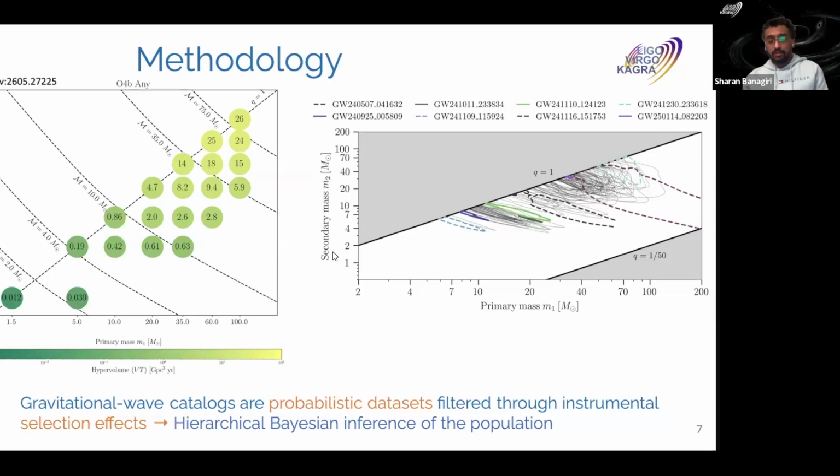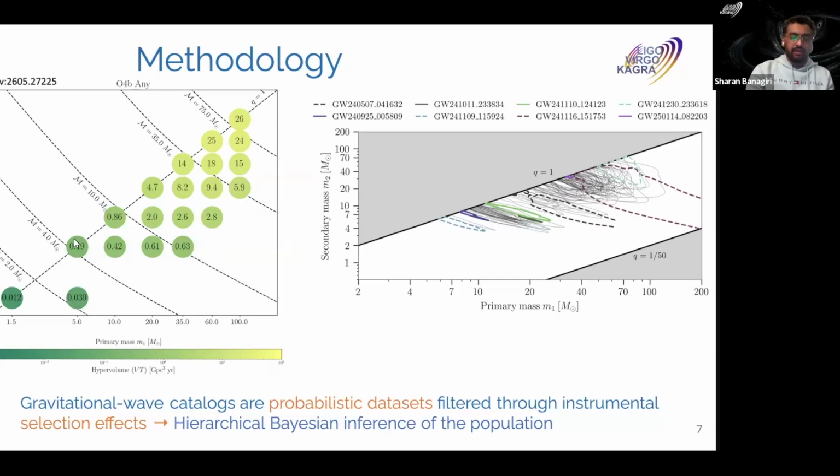Gravitational wave transient catalogs are also filtered through the instrumental selection effects of the detectors. What this means is that the observed data sets are not fair draws of the underlying distribution of compact mergers in the universe. So we are seeing that our data sets are filtered through the instrumental selection effects. The plot on the left captures this, for example. So this shows the sensitive hypervolume that the detectors can see as a function of the mass of the binary.